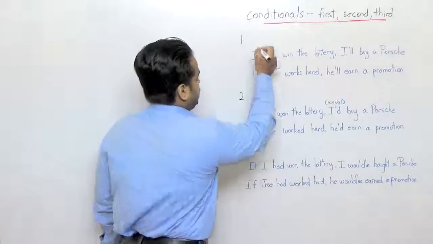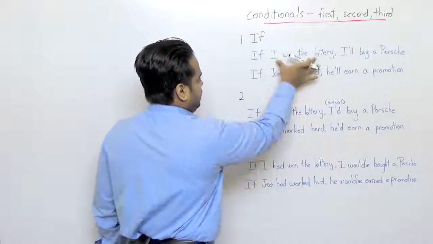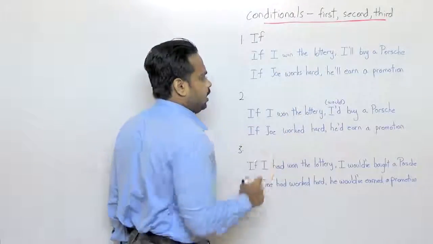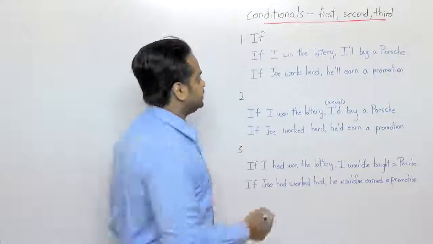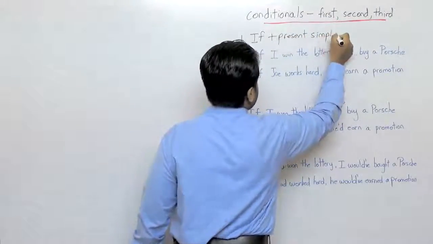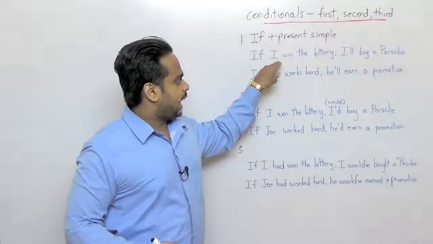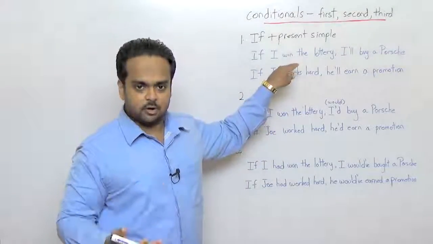So in the first conditional, we write if, and then look at this sentence over here, I win the lottery. This sentence is in the present simple tense because there's a subject I and then there's the present simple verb win.